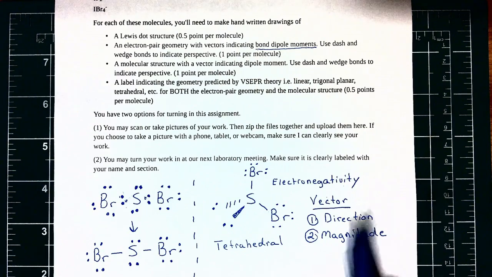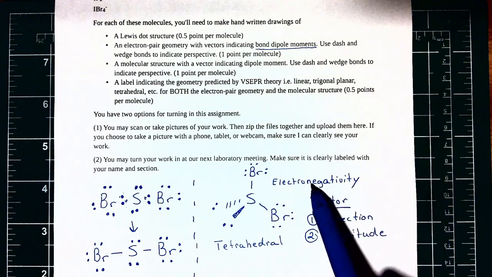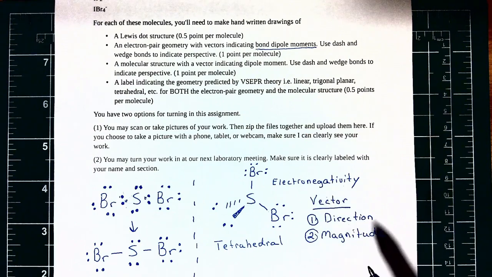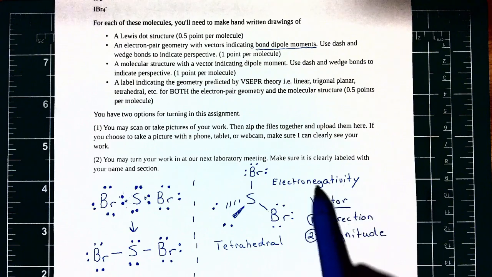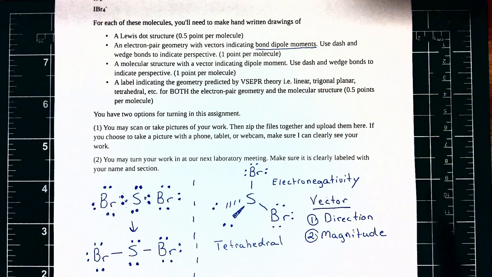Okay. The direction of this arrow is going to point from the atom of lower electronegativity towards the atom of higher electronegativity. And the magnitude is going to be based on the difference in electronegativity between the two atoms.